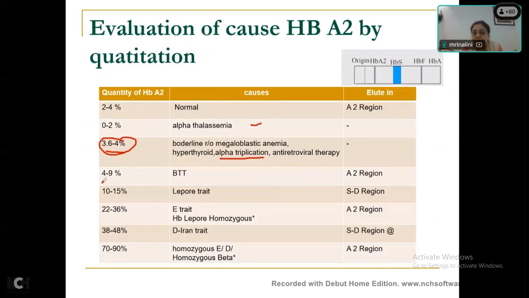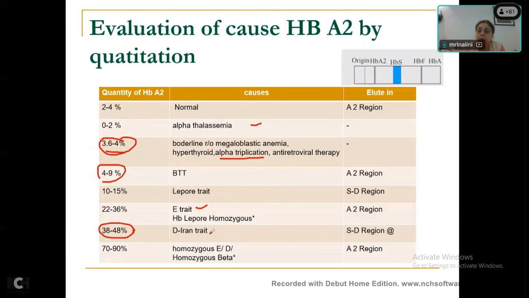Most of the beta thalassemias come under this range of 4 to 9%, and till 15%, 10 to 15%, we have Lepore trait, and 22 to 36% we have E trait and Lepore homozygous, and between 38 to 48% we have D Iran trait.